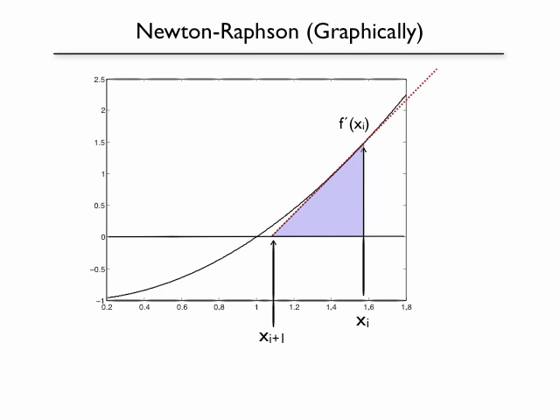We know that the slope of this triangle is going to be the rise over the run. And so we know that f prime of x is just the rise, f of xi minus 0, divided by the run, xi minus xi plus 1. So once we've got that, we've got our slope, and we know f of xi, we know xi, we know the derivative of f at xi, so all we need to do is figure out xi plus 1.